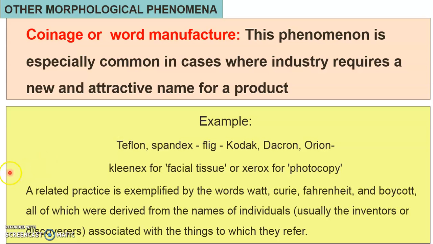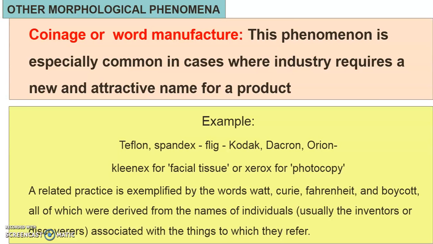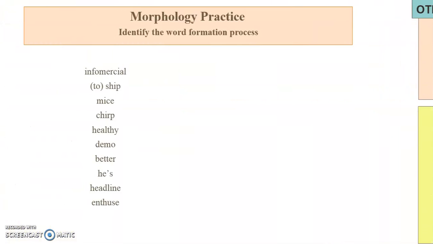A related practice is exemplified by the words Watt, Curie, Fahrenheit, boycott, all of which were derived from the names of individuals, usually the inventors or discoverers, associated with the things to which they refer. I don't know if Virome comes from the inventor. I don't remember. So these are very common examples of word manufacture or coinage.